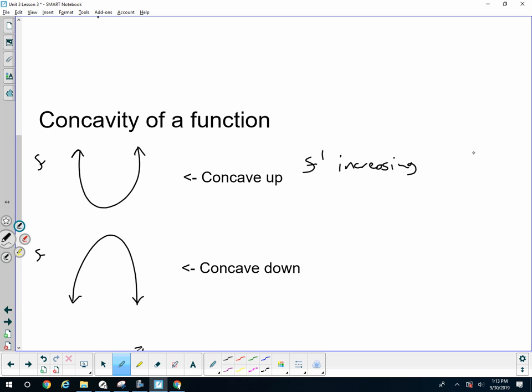And if its derivative is increasing, that means the second derivative is positive. If f is concave down, the tangent slopes end up decreasing, which means its derivative must be negative, or the second derivative must be negative.